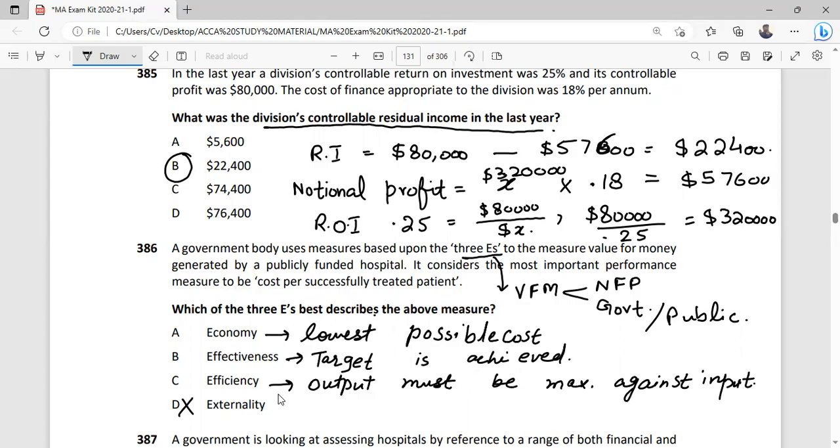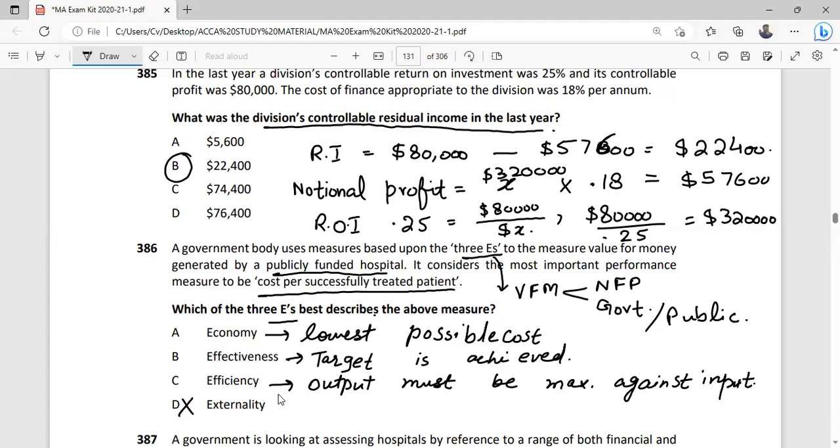To measure the value for money generated by a publicly funded hospital, which means a government managed hospital, it considers the most important performance measure to be cost per successfully treated patient. Which of the 3 E's best describes the above measure? Now, apparently, you are discussing the cost.